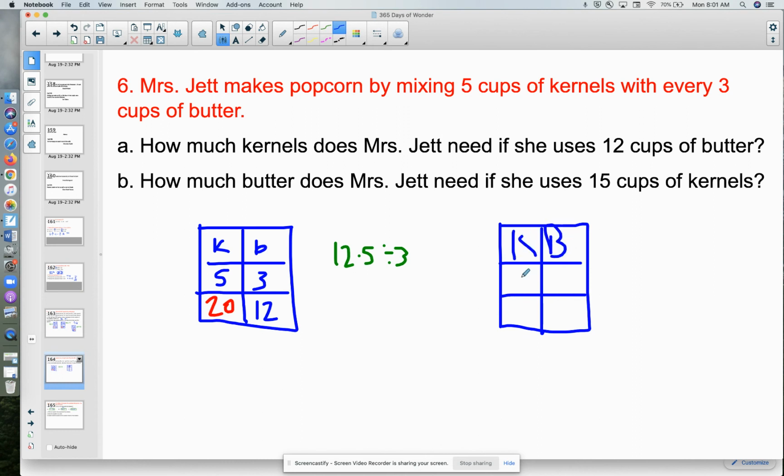K and B. Sorry, that's a bad K and bad B. All right, 5 and 3 again. Now it's 15 cups of kernels. Cross multiply and divide, and you get 9. 15 times 3, divide by 5. All right.